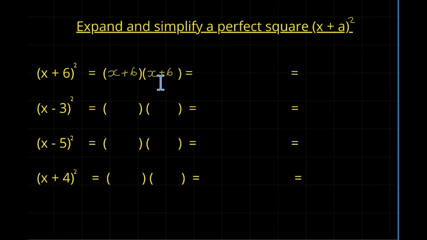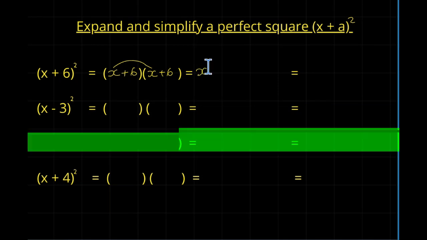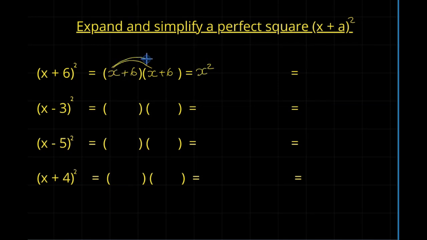Then we know exactly what we're expanding out. So x times x is x squared. X times 6 is 6x. 6 times x is 6x. And 6 times 6 is 36.